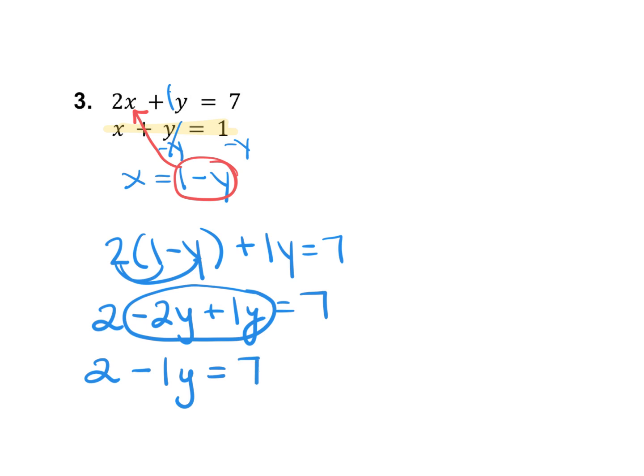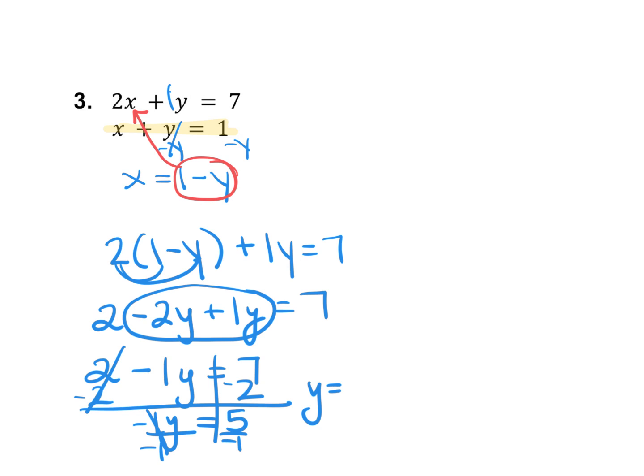All right, we're still isolating the variable, so let's minus the 2. And now our last step then is to divide by negative 1. So y is equal to negative 5.